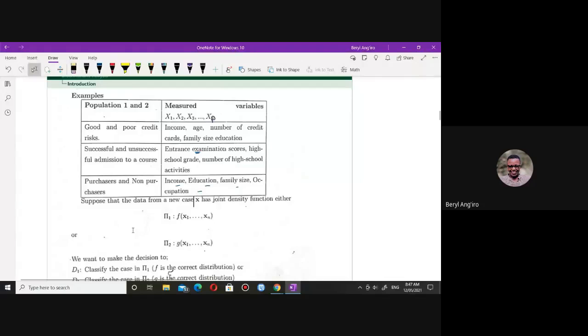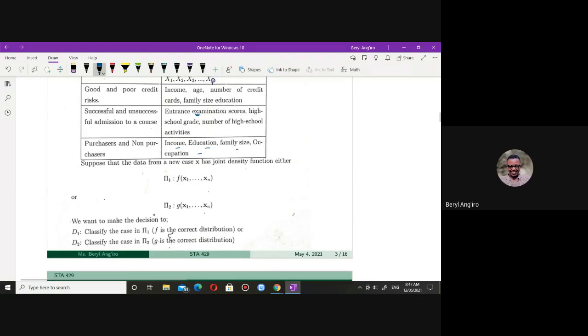Now suppose that the data from a new case x has a joint density function. So this new observation that we want to allocate into one of the populations has a joint density function given by f of x1, x2 up to xp, or g of x1, x2 up to xp.